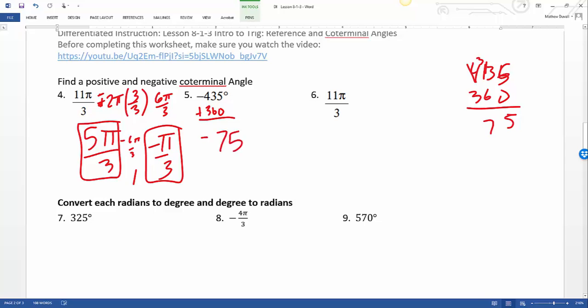So there's a negative coterminal angle. If I add 360 to that again, so that's 5, 8, 2. So then I also get positive 285.